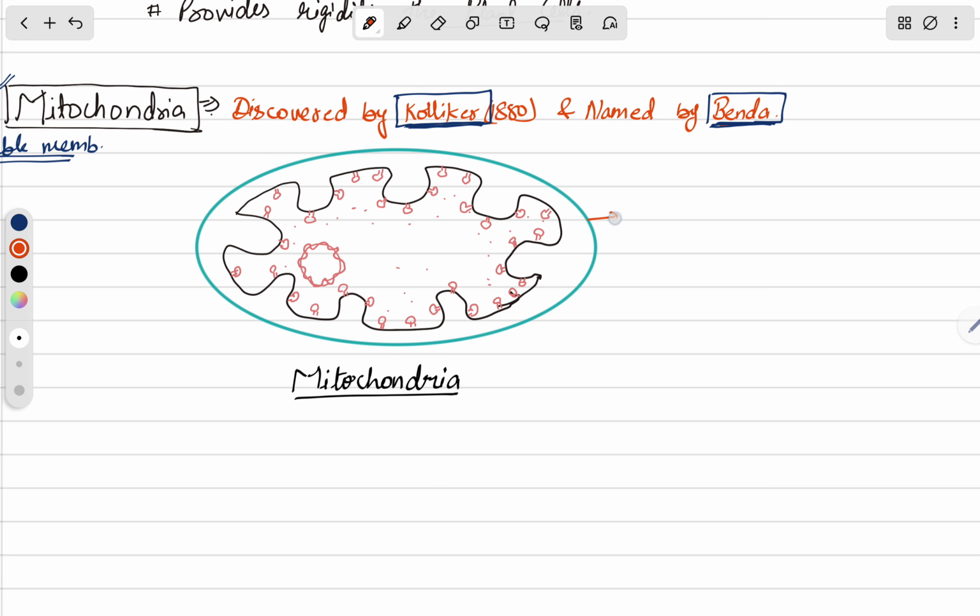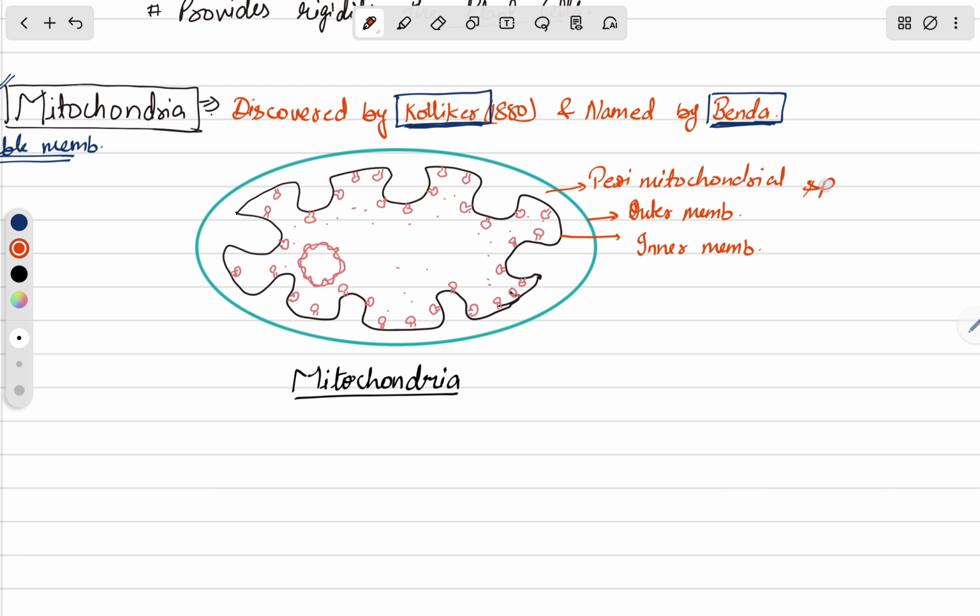This is the outer membrane, right? This is the inner membrane. The space between two membranes is the perimitochondrial space. Right?